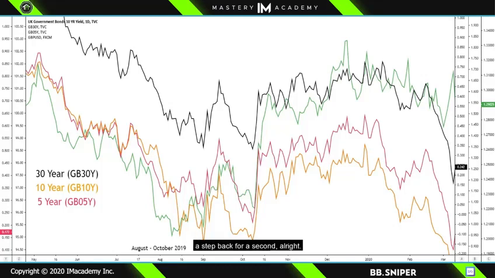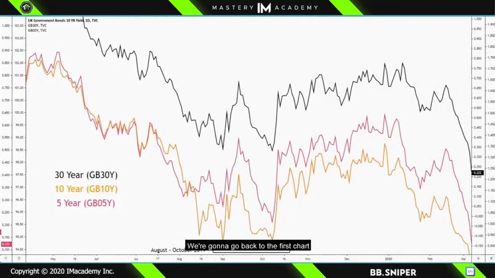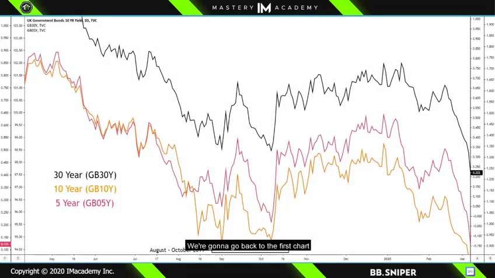Now we actually have to take a step back for a second. We're going to go back to the first chart with only the 3 yields on it. And we're going to be taking a look at around the August to October time period of 2019, which was only last year.